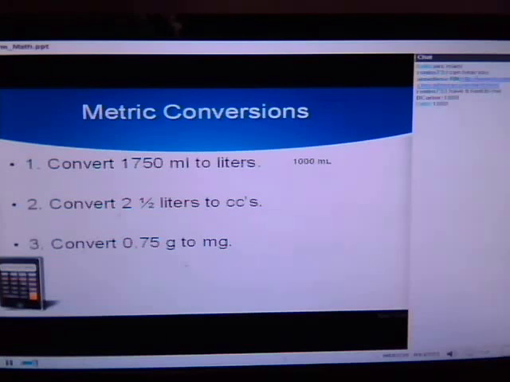Now, how many milliliters is in 1 liter? Do we remember? I'm very happy. There's 1,000 milliliters equals 1 liter. Does everyone agree?